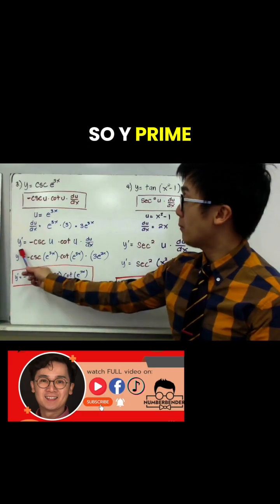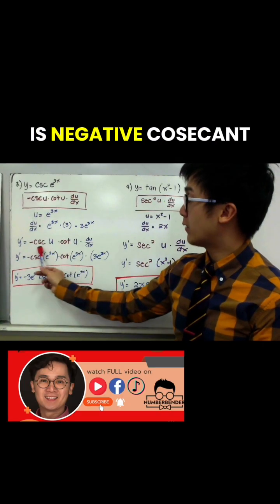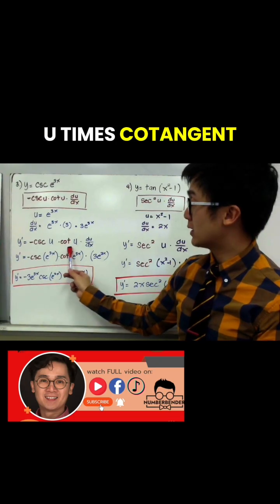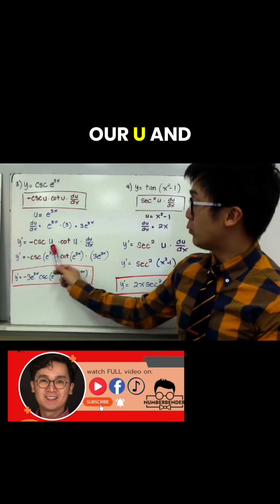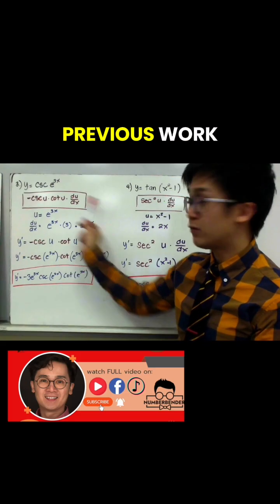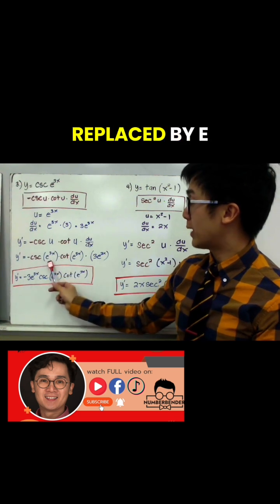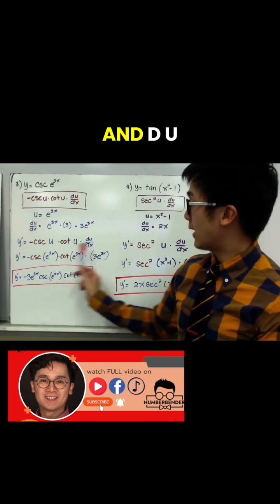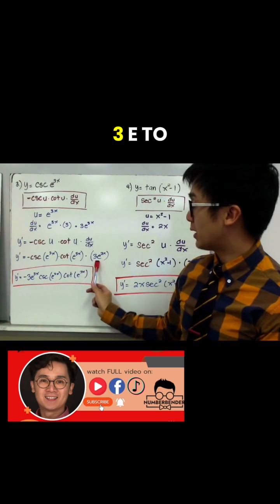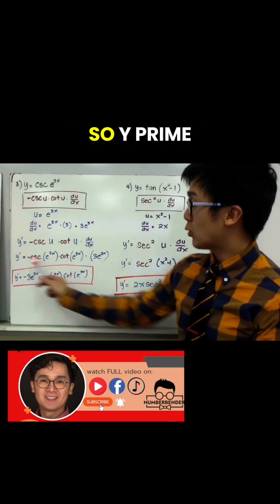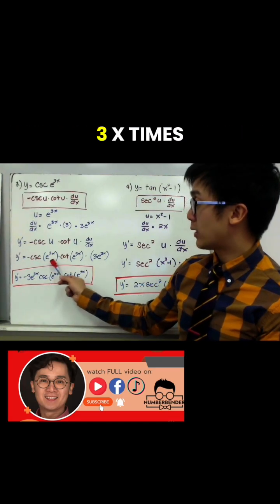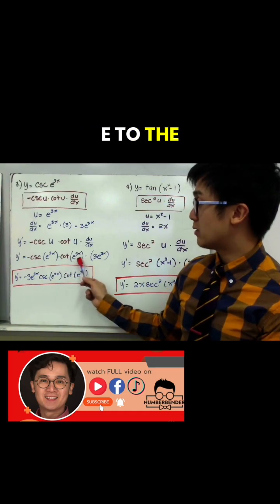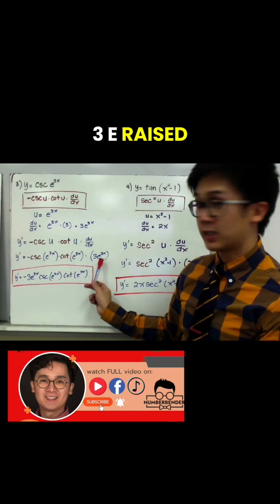So y prime, using the formula, is negative cosecant u times cotangent u times du dx. And by replacing our u and du dx from our previous work, u will be replaced by e raised to the 3x, and du dx will be replaced by 3e to the 3x. So y prime is equal to negative cosecant e to the 3x times cotangent e to the 3x times 3e raised to the 3x.